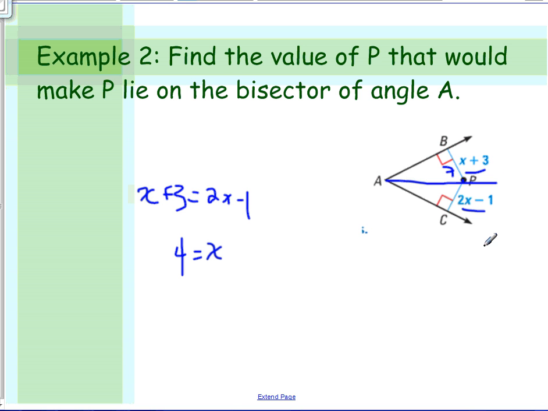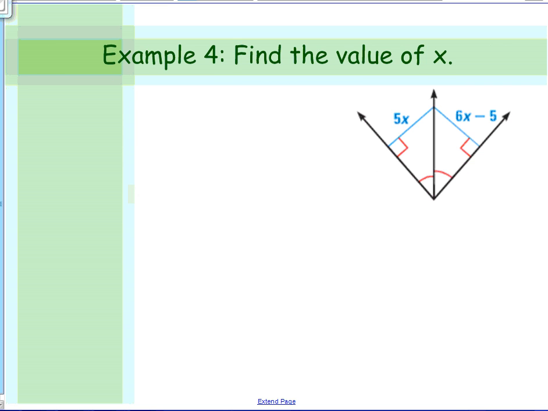All right, and then the last example is find the value of x. Same exact idea here. Because we know that these are congruent and that these are creating perpendicular, or right angles, we can do the same thing. We can say 5x equals 6x minus 5.